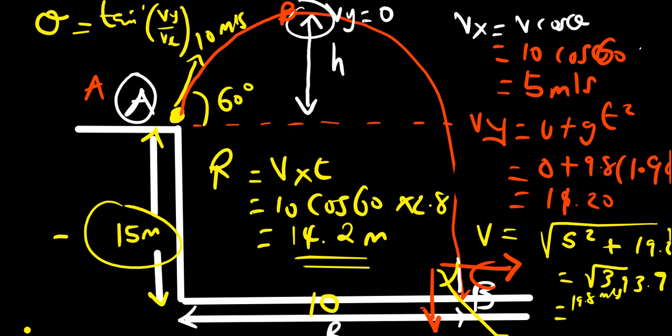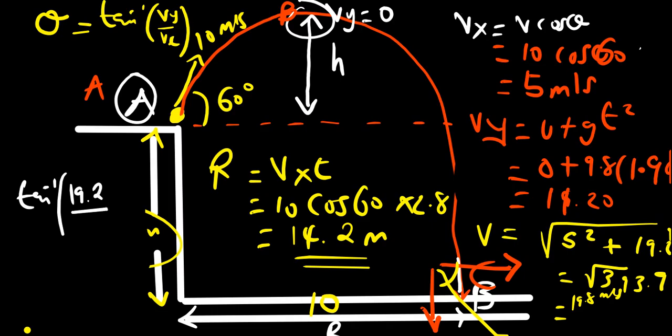So how are you going to do that? The tan inverse of our Vy, we just found that it was 19.2, and our Vx, we found that it was 5.